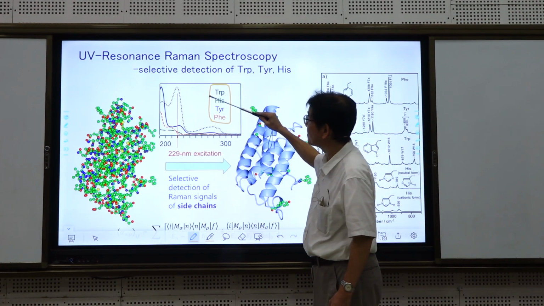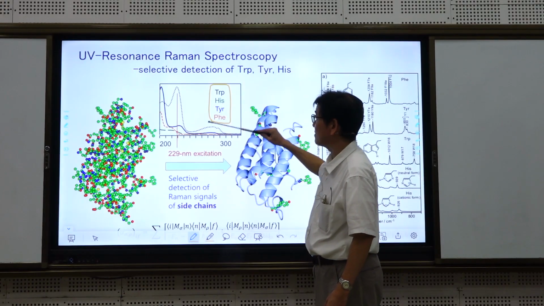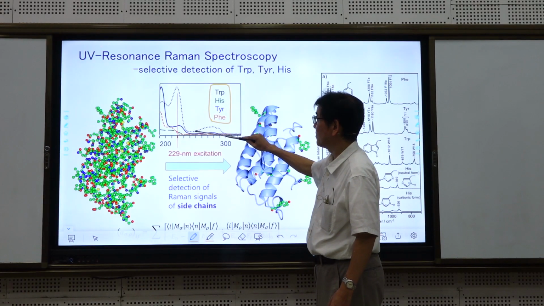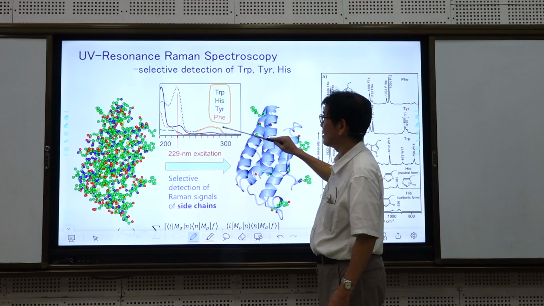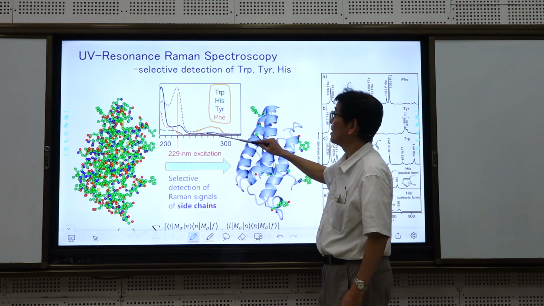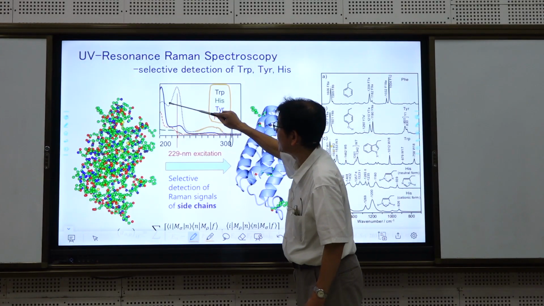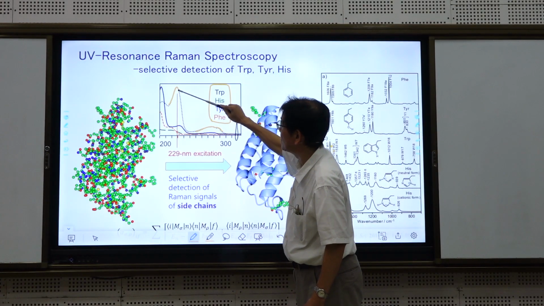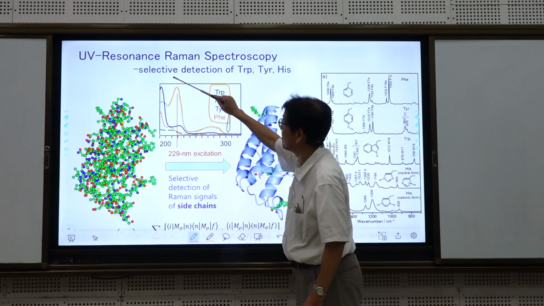And we see tryptophan gives a large absorption at around 280 and near 230.